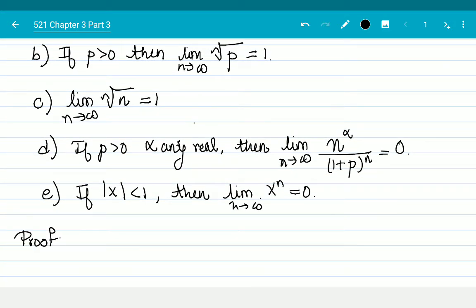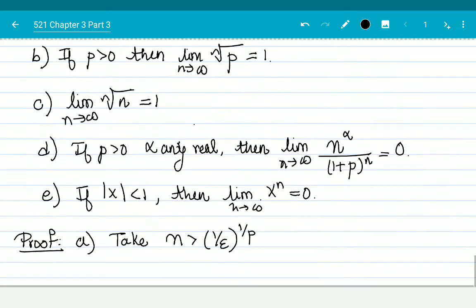Proof. Some of these are extremely trivial. Others are slightly more non-trivial, but not really non-trivial. Part A. Take n which is strictly greater than (1 over epsilon) to the 1 over p.